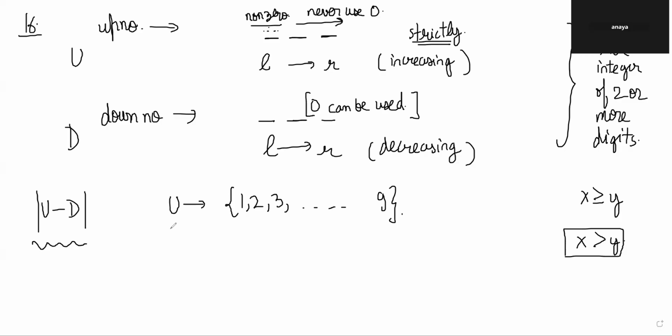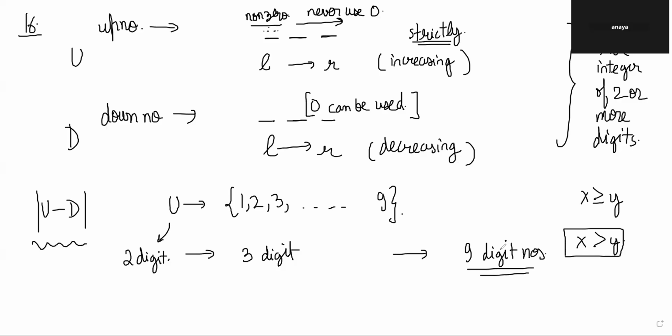Up numbers can be two-digit or three-digit numbers, but at most nine-digit numbers. Why? Because the digits cannot repeat, since they are strictly increasing. If it was just increasing, we could have repetitions. So you can go from a two-digit number up to a nine-digit number. That's your options.